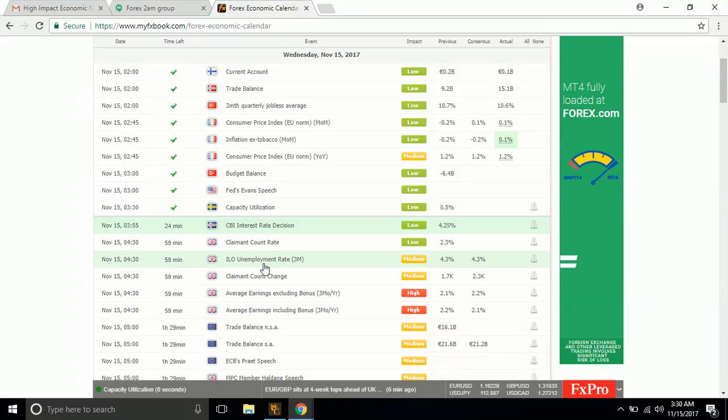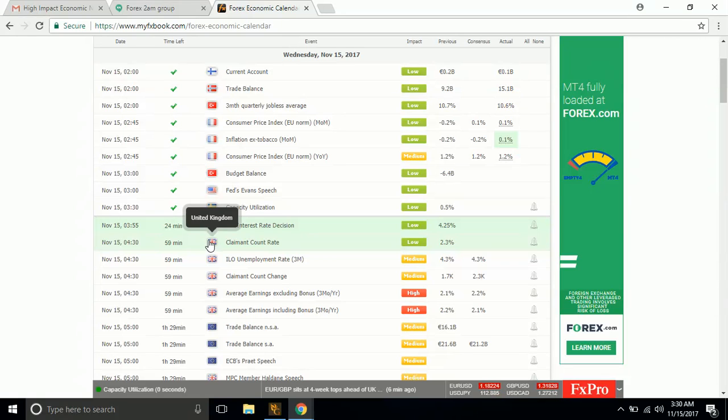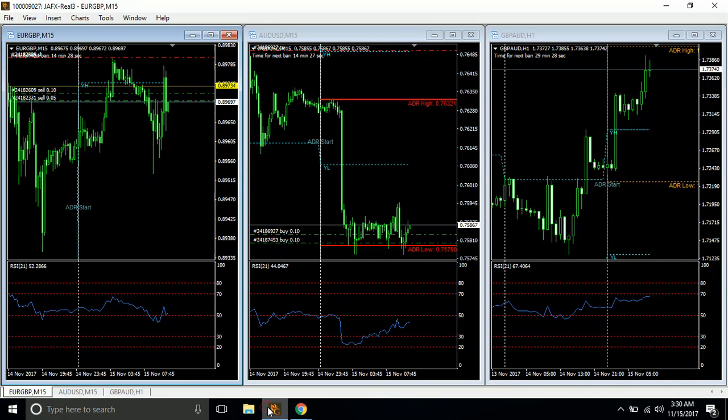Alright, looking at this calendar at 4 o'clock, 4:30, we've got a lot of news coming out on the United Kingdom, which is the Great Britain pound and the euro dollar. That's what that's going to affect. Which pair do I want to start on first?